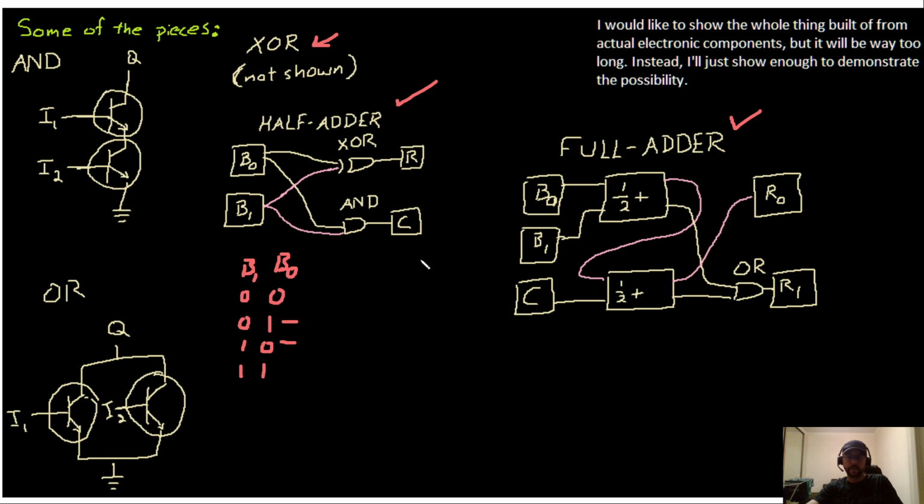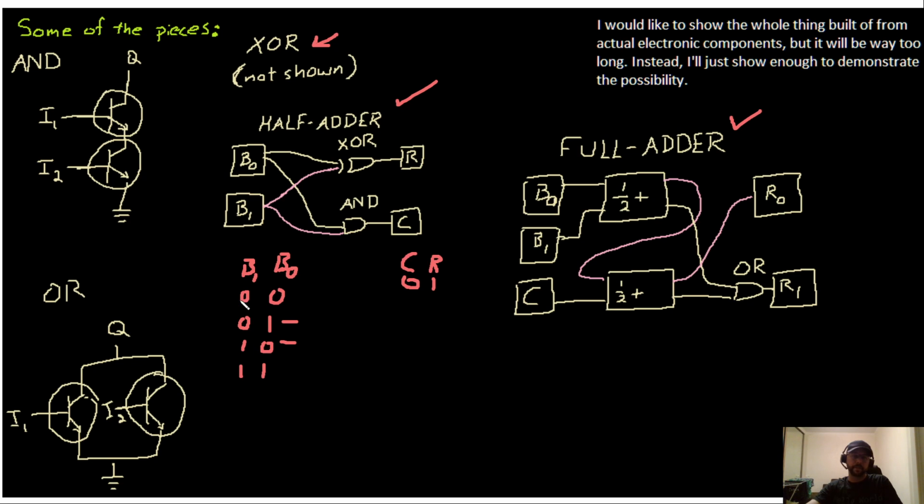So this would be R, and this would be C. So the bits added together, if you add the bit 0 plus the bit 1, you're going to have a 1 in the R place, because this is the answer. And the same is true here.